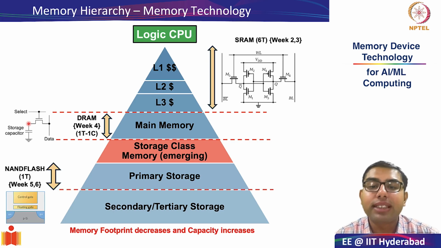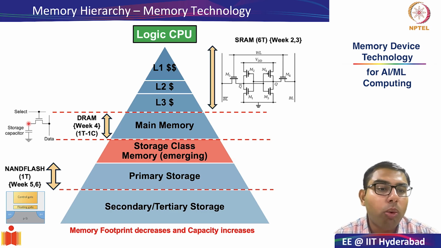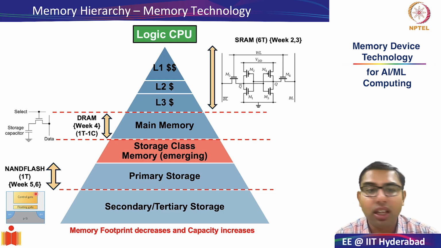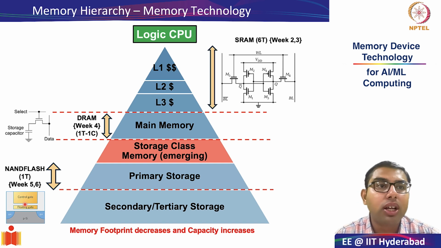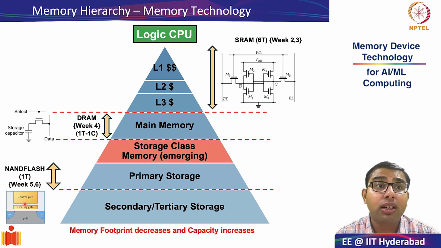Next, we want to discuss primary storage, and here the key storage element was the flash cell, which consisted of essentially one transistor, albeit the gate stack of the transistor was modified so that you can store charges and remove charges, but this storage needs to be more or less permanent, at least up till 10 years.